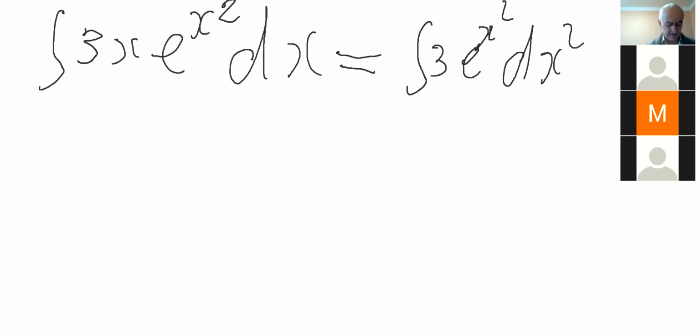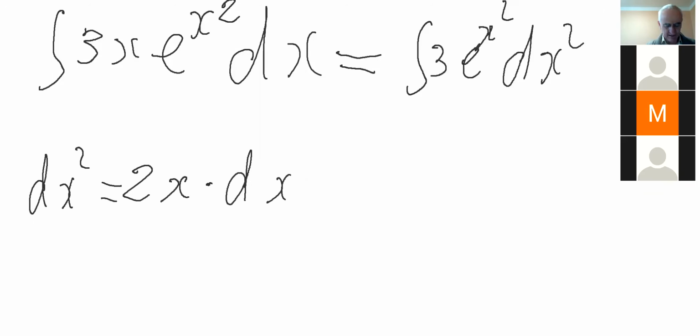What is dx square? Dx square is 2 times x multiplied by dx. And that's why, for the left and right side to be equal, we need here the coefficient 1/2.